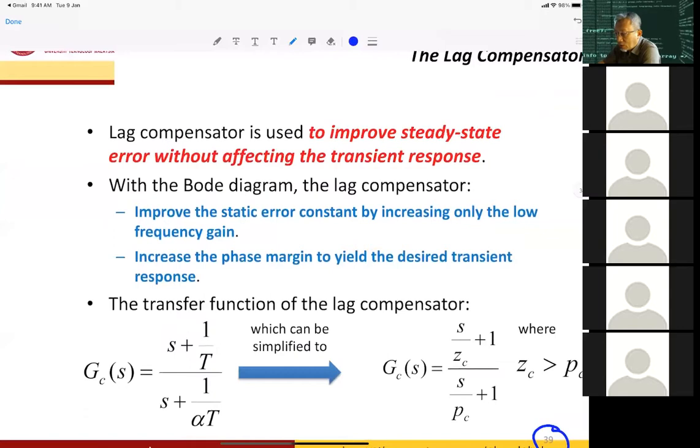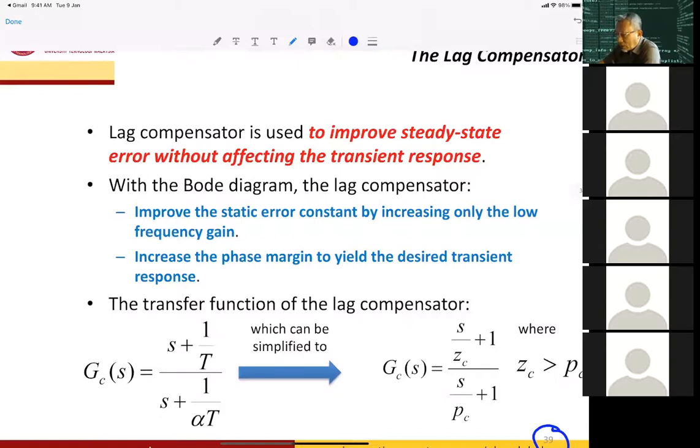Last week we learned about gain adjustment, where we have to move the gain curve up and down in order to achieve the gain objectives, as given in the spec design of the questions.